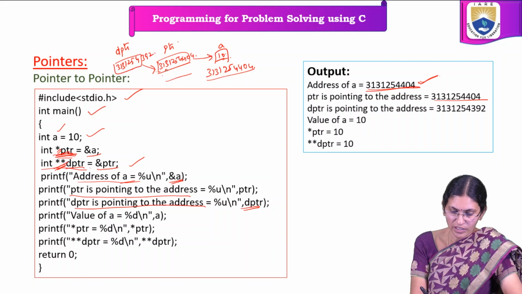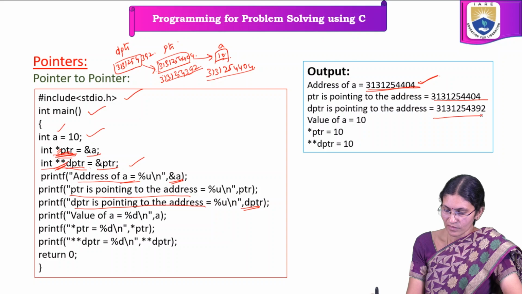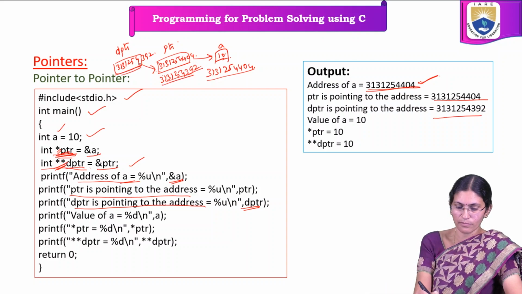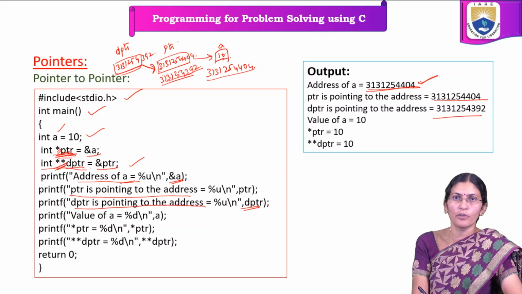This address is nothing but the address of PTR. The PTR address and the DPTR value will be the same, since DPTR is pointing to a pointer variable. This is what it interprets.